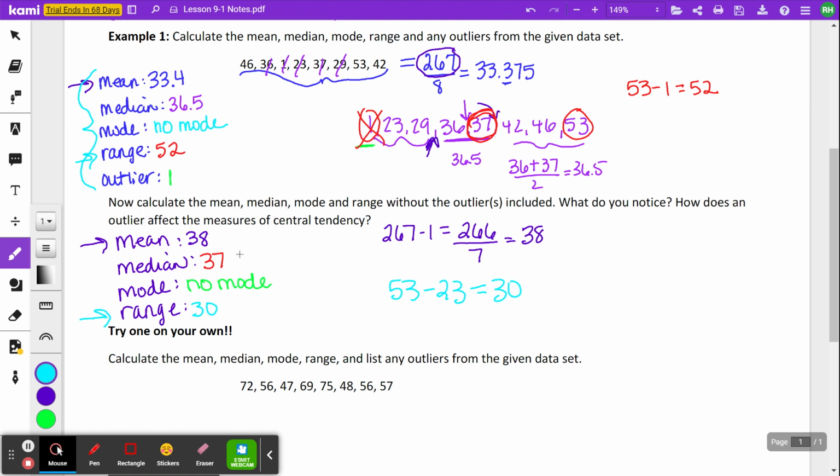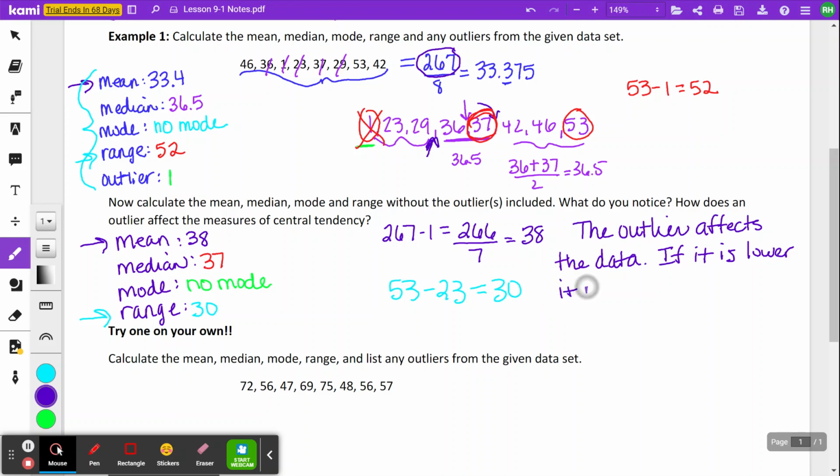So in here, we want to say that the outlier affects the data. If it is lower, it makes all our data lower.